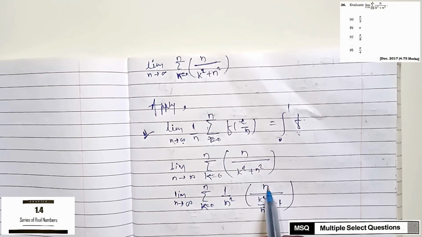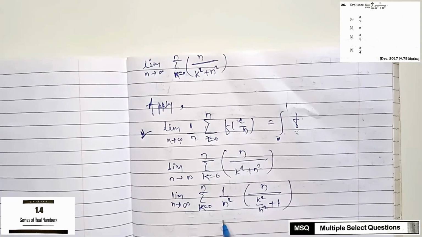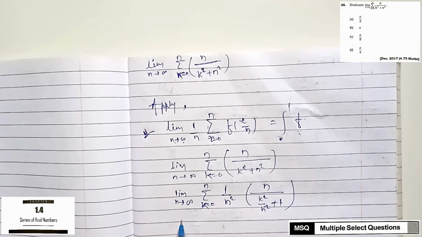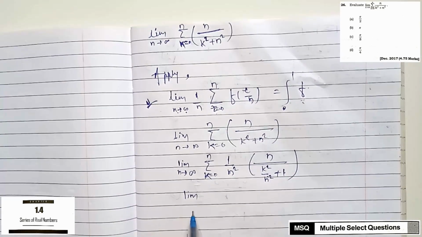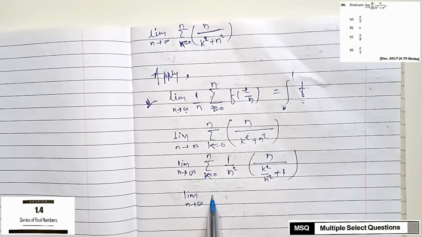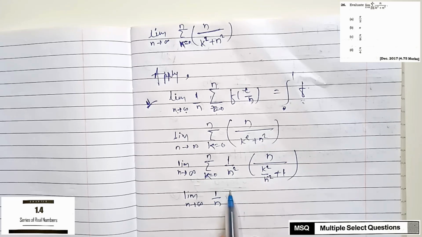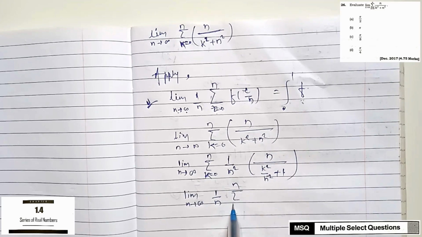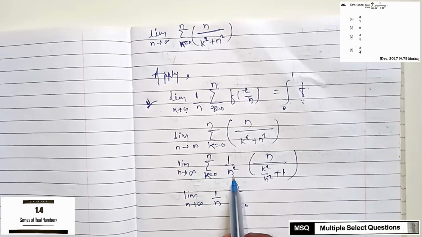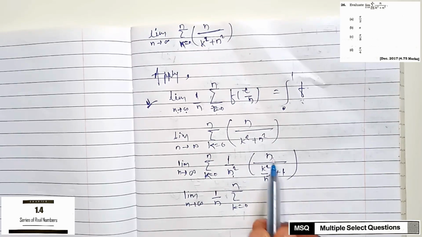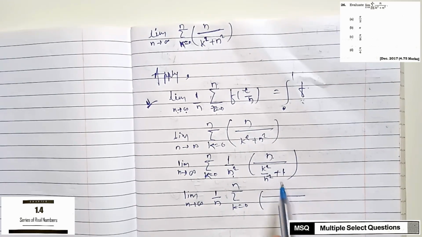So this n gets cancelled with the single n, and we are left with the limit as n tends to infinity, the series k running from 0 to n, with 1 upon n left, over k square by n square plus 1.